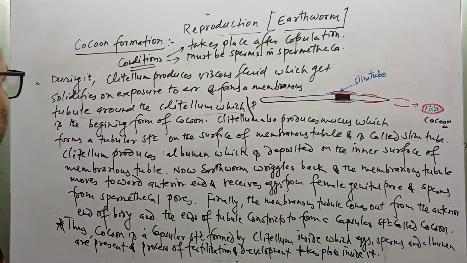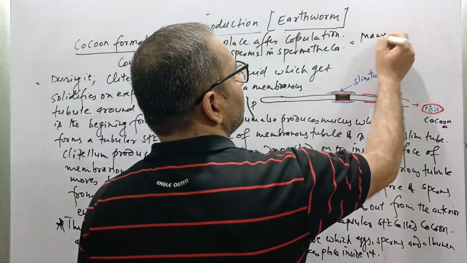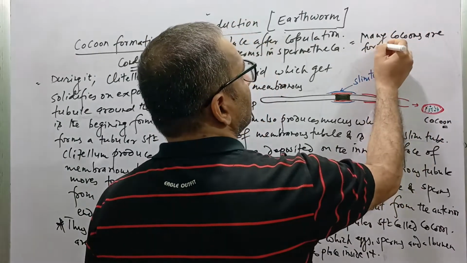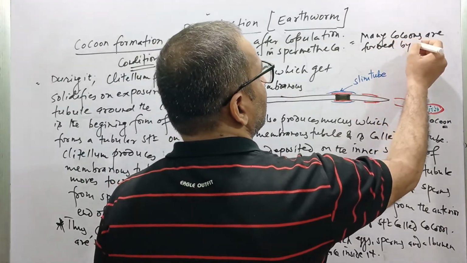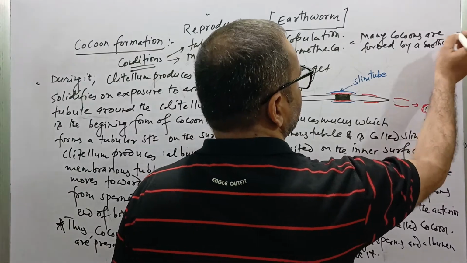Now, what we have studied: many cocoons are formed by an earthworm in a season.